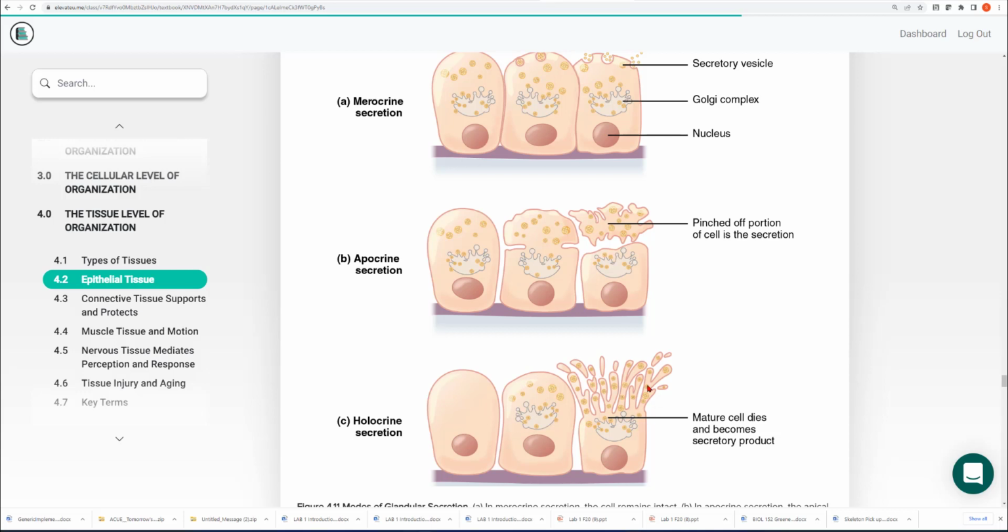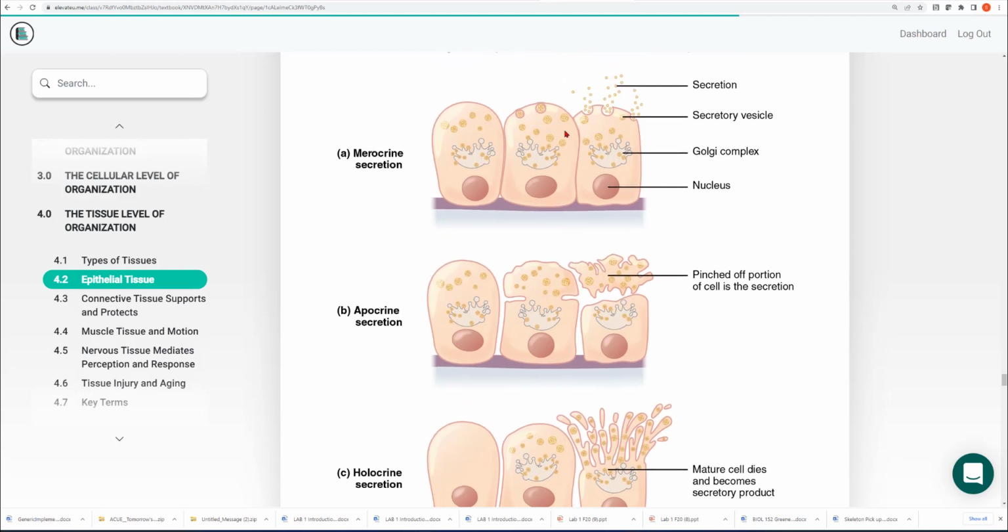In holocrine, the whole cell dies and becomes the secretory product. In merocrine, the cell stays merry. In other words, the cell stays alive. It simply releases its products via exocytosis. And then apocrine kind of tells you what it does: the apical portion of the cell pinches off.